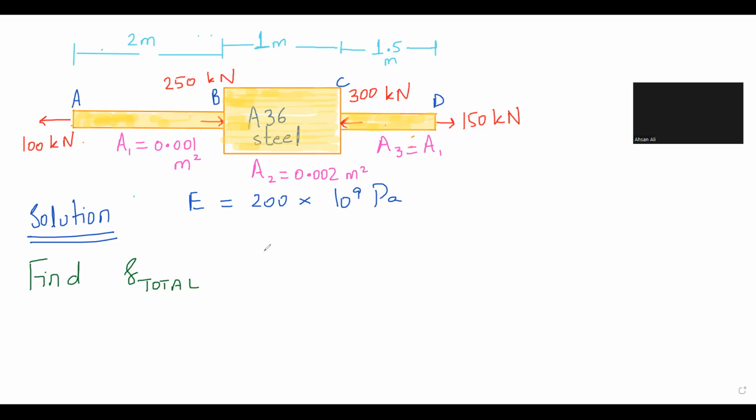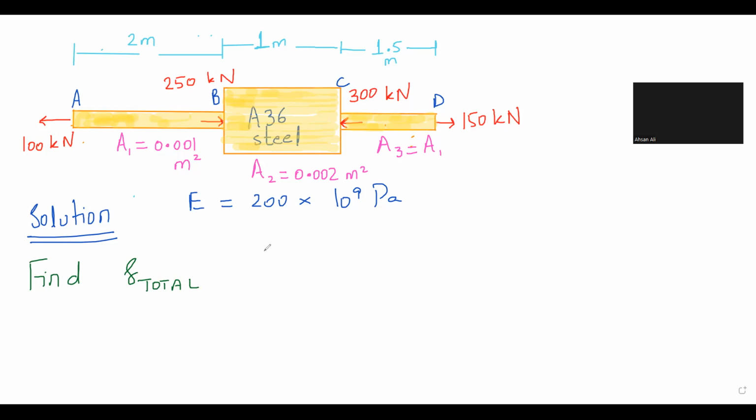What you have to always understand is that there are three ways that you can see a discontinuity, if I am allowed to use that word. One is change in area. One is a force that shows up somewhere, point of application of force.